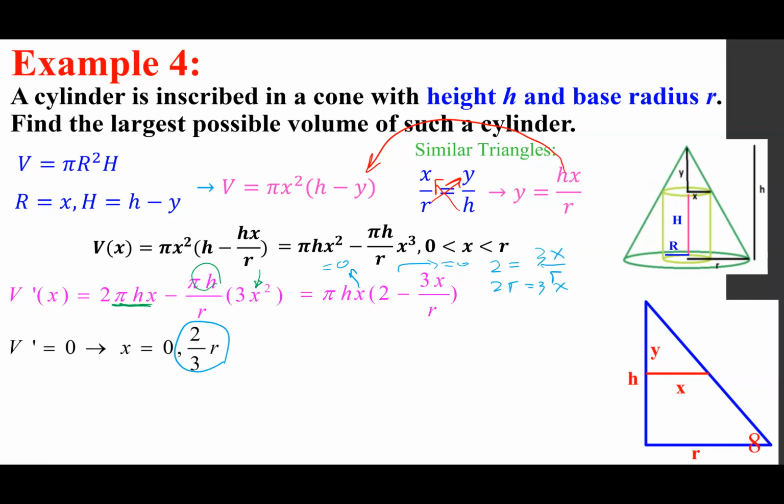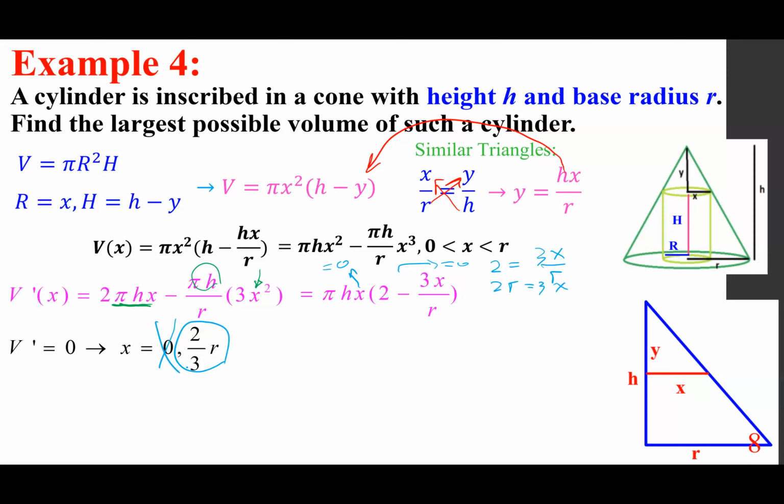So there are two answers. We can't have zero. That means zero is out. We have only 2/3 r.